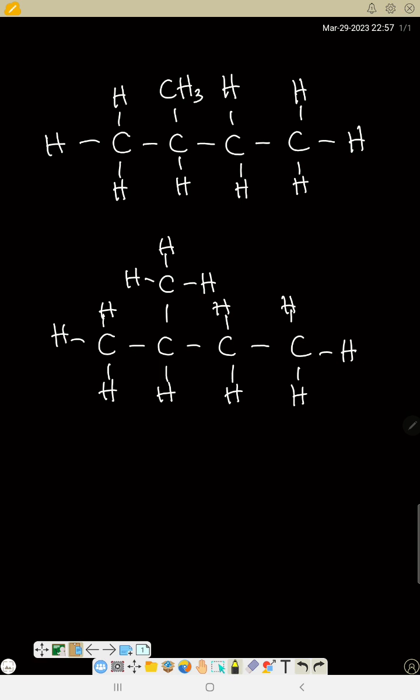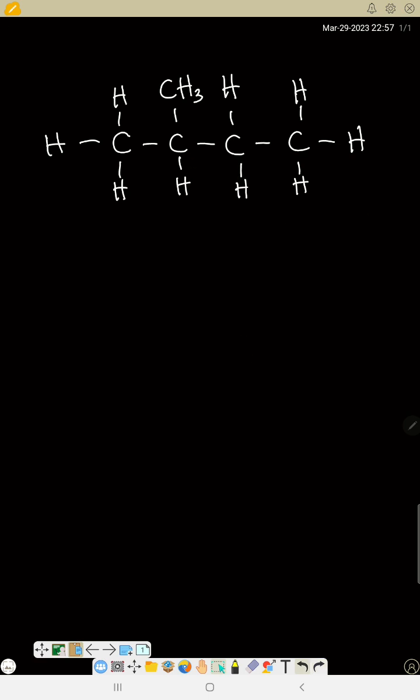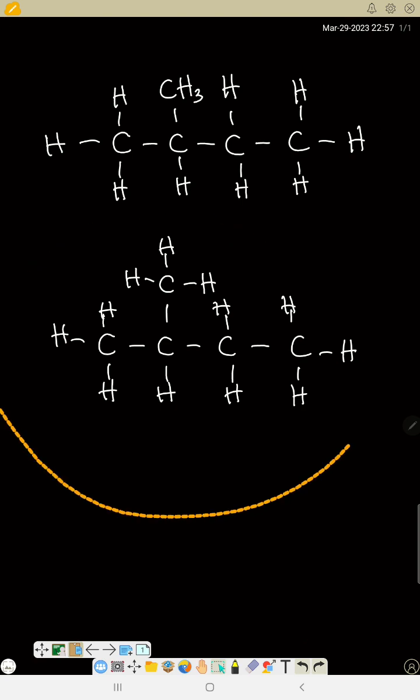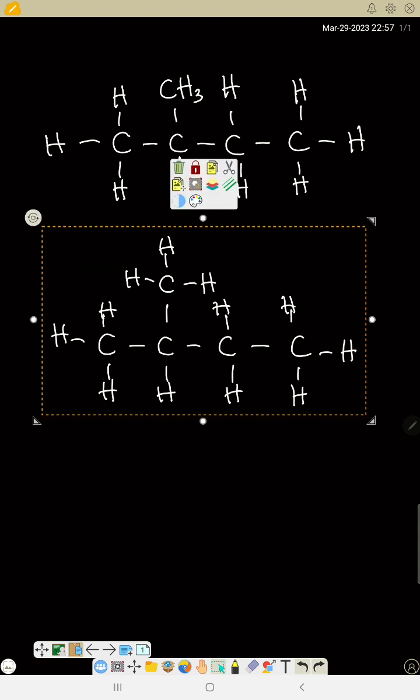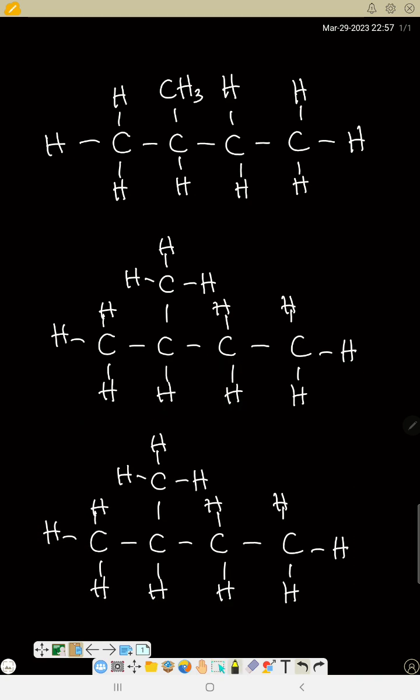Now some people, let me duplicate this so that you will see that there is no cramming here. It depends on how you reason your own naming. So let me duplicate here. So I want to have two namings here. Now let's say you decide to name this way 1 2 3 4, because that is the longest carbon chain 4, and name it backward again 1 2 3 4.